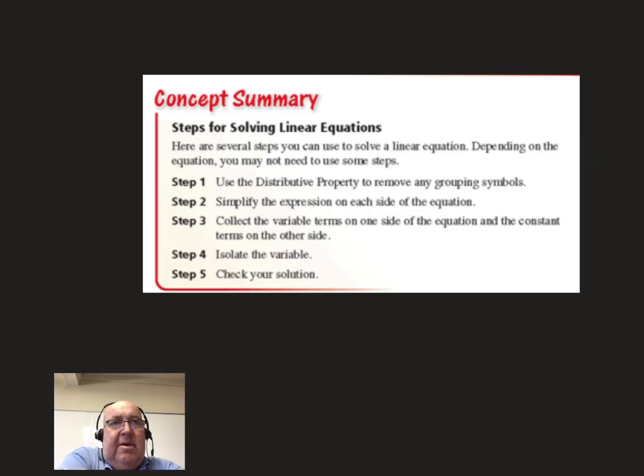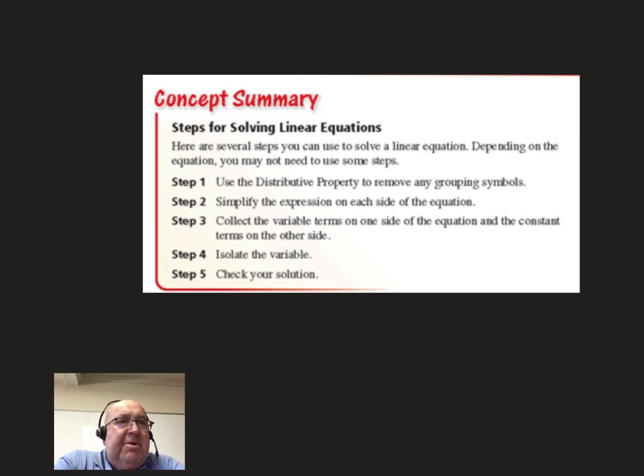Lastly, we looked at different types of equations, so here are some steps to help you follow depending on each equation. You may not need to use all the steps. Remember that we found that we don't have to distribute all the time if we have distribution just on one side of the equal sign, and we can work with that. But if you need to, use the distributive property to remove any grouping symbols.